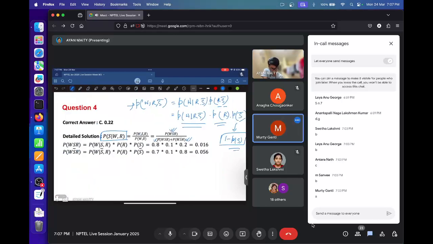So question 4, this is the probability value that we have to find out: probability of A given WR.